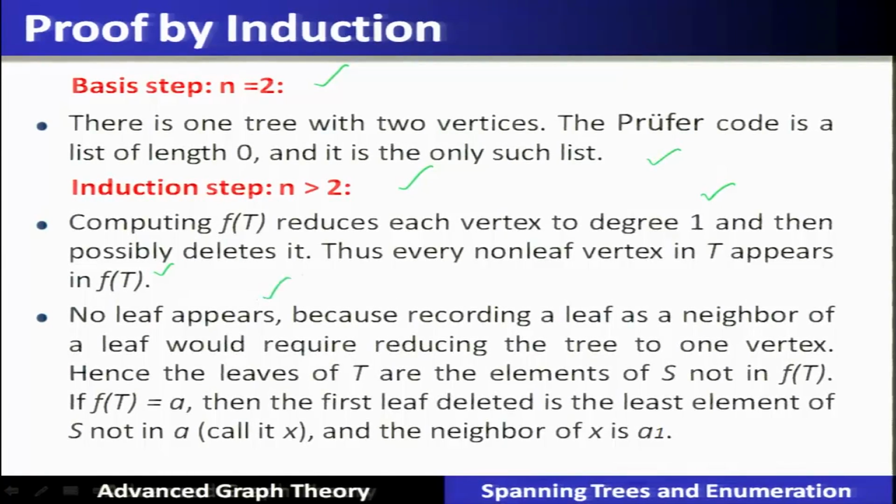Now, here we also see that no leaf appears in the sequence, because recording a leaf as a neighbor of a leaf would require reducing the tree to one vertex. Hence, the leaves of the tree are the elements of S not in f of T. So, if f of T is equal to A, then the first leaf that gets deleted is the least element of S which is not in A, call it x, and the neighbor of x is A1.